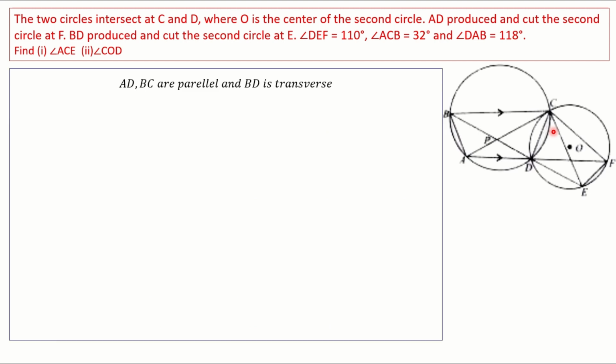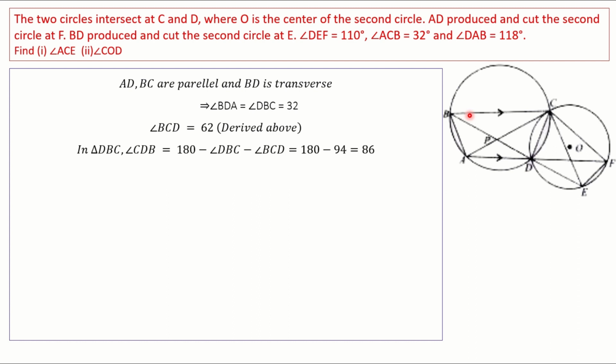AD and BC are parallel. BD is a transversal. So angle BDA this side is equal to angle DBC here, correct? 32 degrees. BCD is 62 degrees, we derived previously.